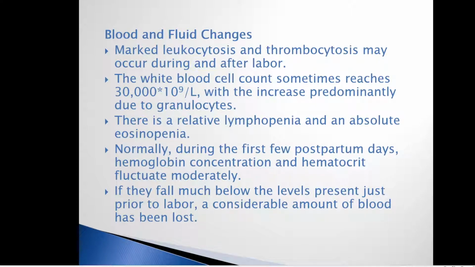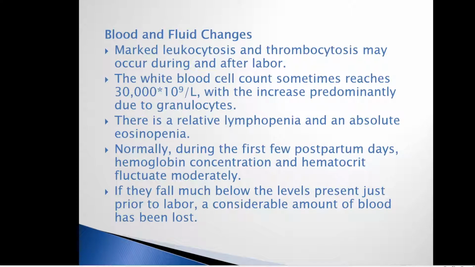Changes in blood and fluid. Marked leukocytosis and an increased level of platelets may occur during and after labor. The white blood cell count sometimes reaches 30,000, with the increase predominantly due to granulocytes.